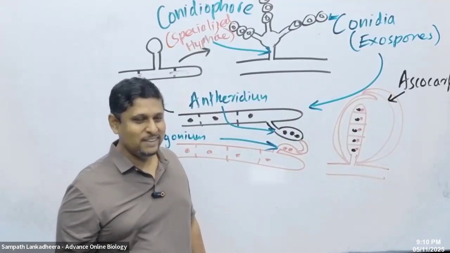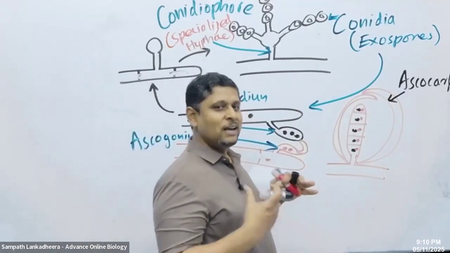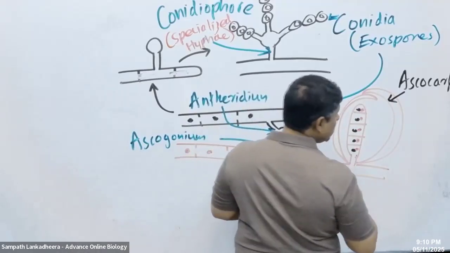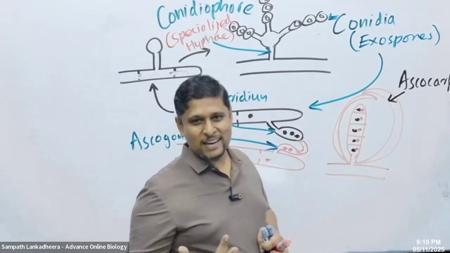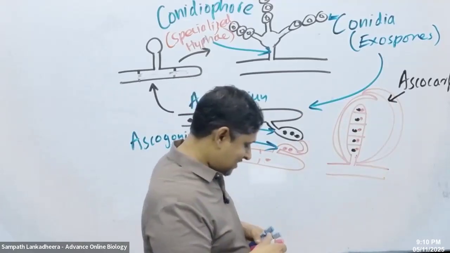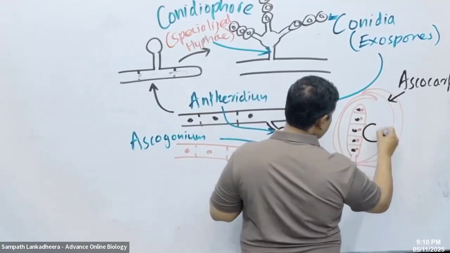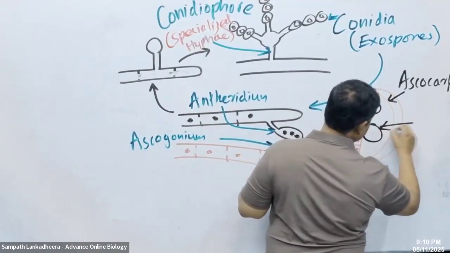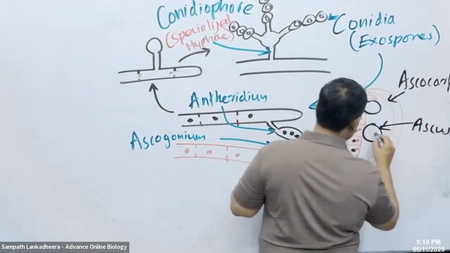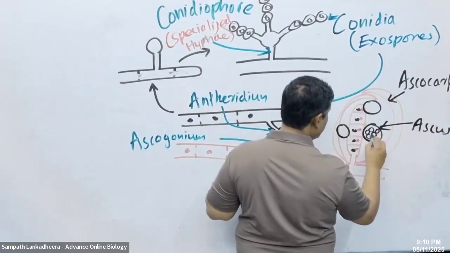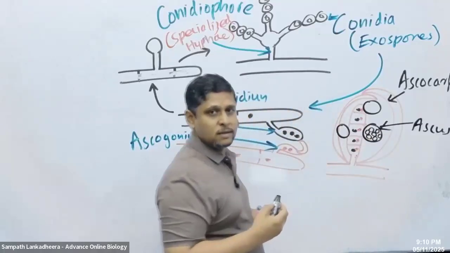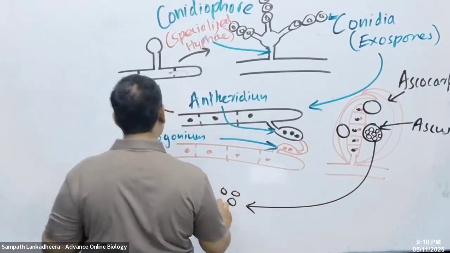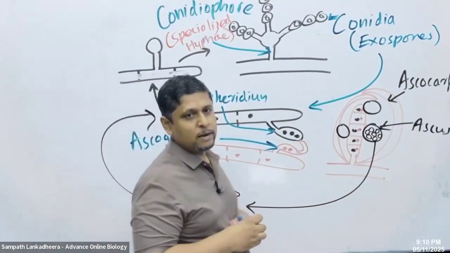This dikaryotic filament now forms asci. It forms sporangia like this. Then we call these sporangia ascus. You can see 8 spores are going to form within this ascus, and these spores are going to disperse and grow back into the filament.